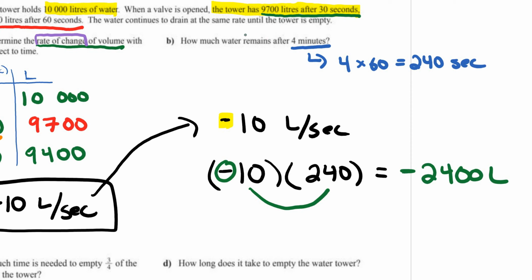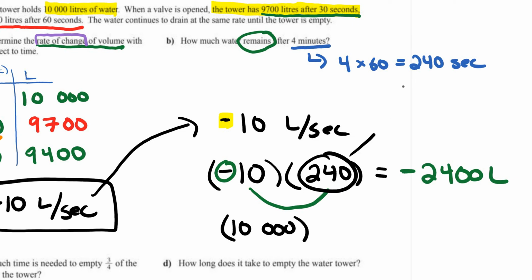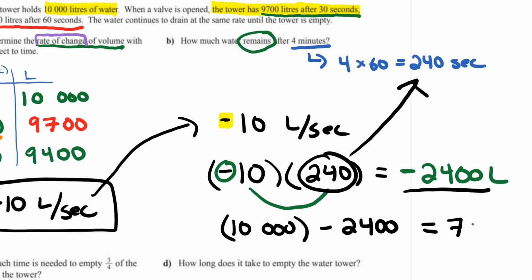But the question is, how much water remains, right? So at the beginning, we had 10,000 liters, but after 240 seconds, which is 4 minutes, we actually lose 2,400 liters, and that gives us a grand total of 7,600 liters. Okay, so that's how much water remains after 4 minutes, because every second, we're losing 10 liters, right?